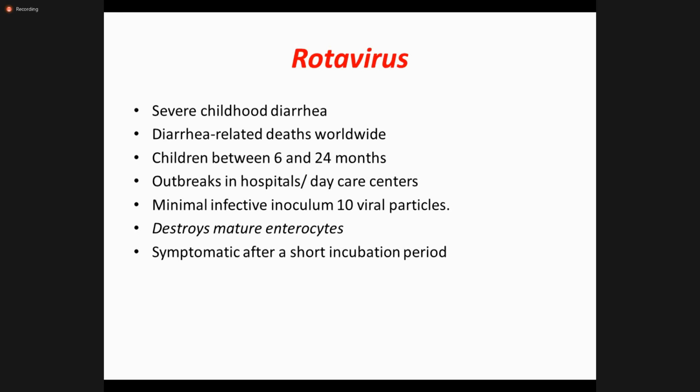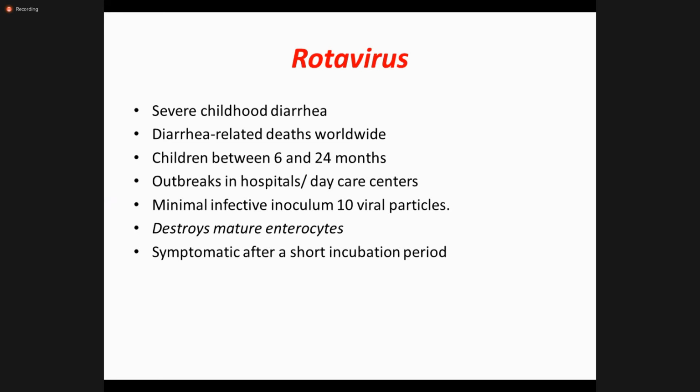Most rotavirus infections occur in developing countries. As we know, developing countries usually have very poor hygienic conditions, so the people of developing countries are more prone to develop different infectious diseases.